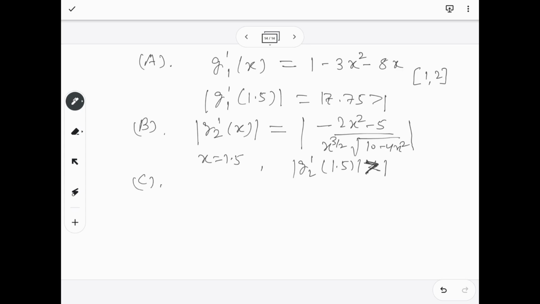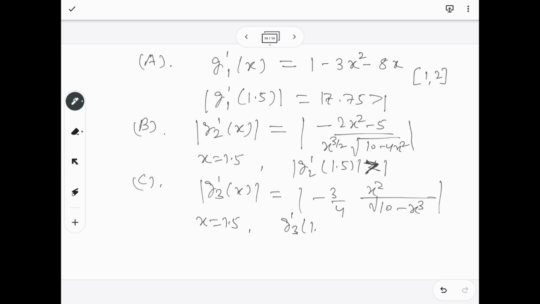Then for g3, it is minus 3 by 4 x square by square root of 10 minus x cube, and at x equal to 1.5, g3 prime at 1.5, the absolute value is less than 1.